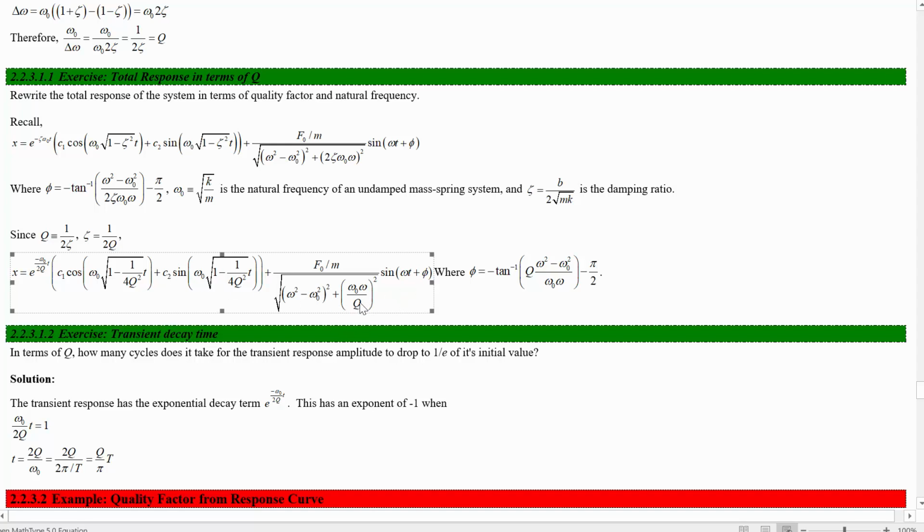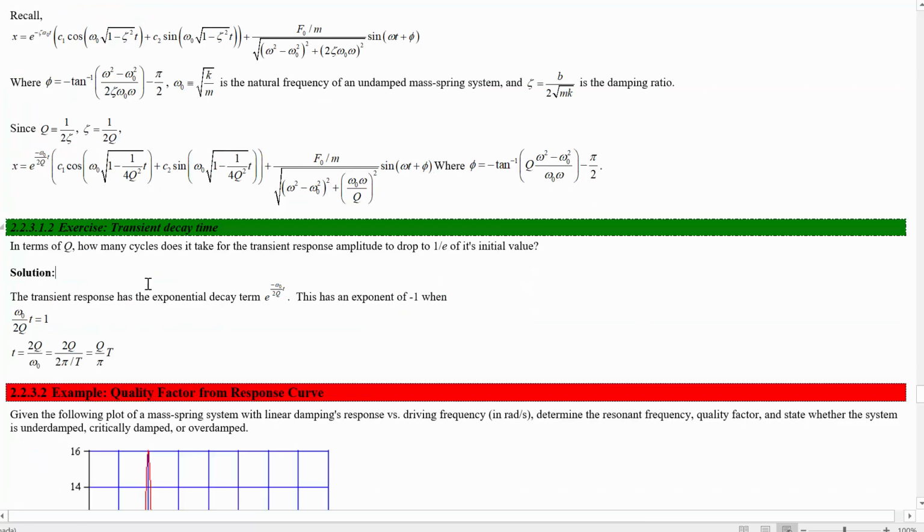So you can see how that plays in. Higher quality factor will mean a lower damping amount here, and that's going to mean a higher resonant peak. You also can figure out, in terms of quality factor, how many cycles it takes for the transient response amplitude to drop to 1 over e of its initial value. And that's something you can determine by looking at this envelope here. So the transient term, this thing in front, has an exponential decay of e to the negative omega naught over 2Q times time.